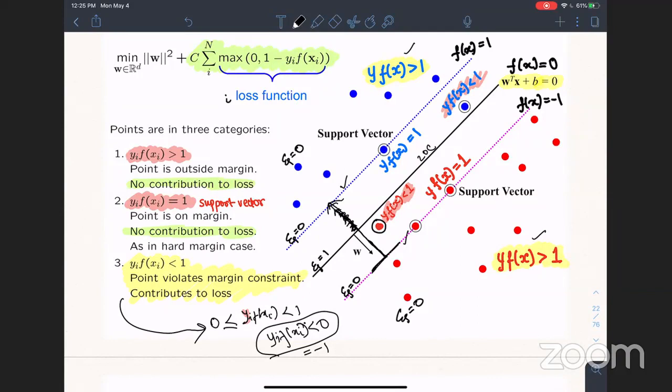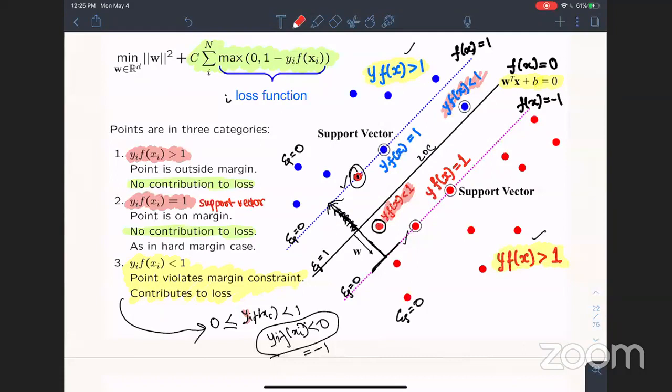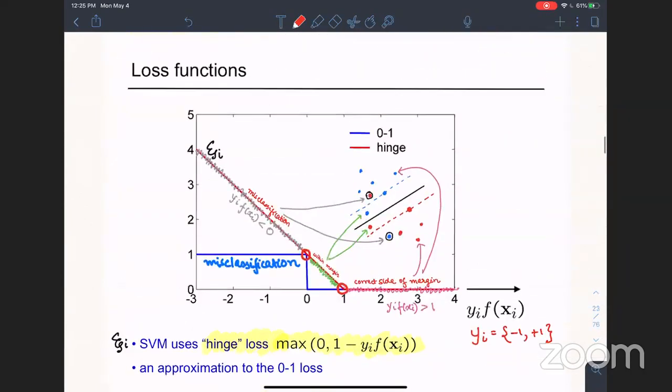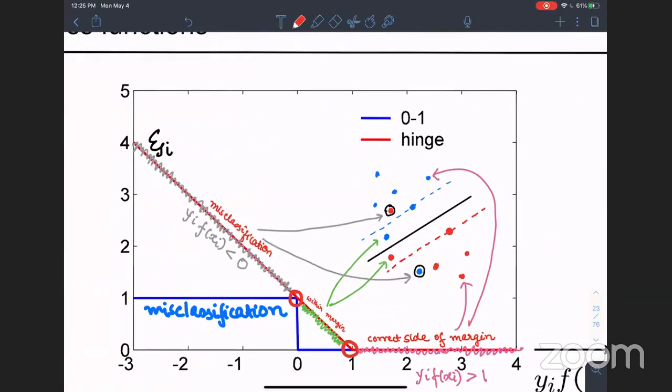And that is what is happening: if a red dot sits on this blue line, you can clearly see that this loss would be 1 minus minus 1, which is 2. For this point, y(fx) is minus 1 here, right? And as you keep moving, this loss would be 3, 4, 5. So basically, this is what we have.